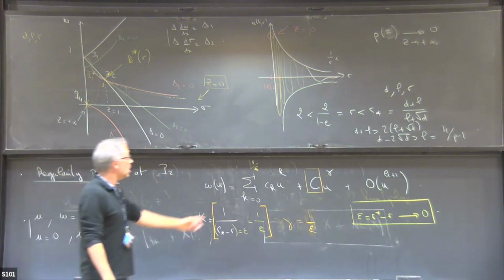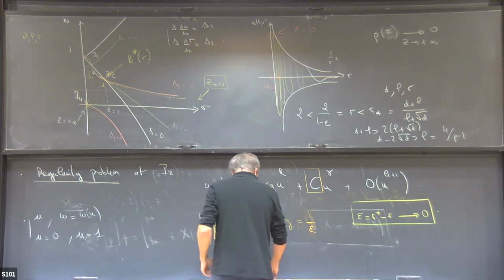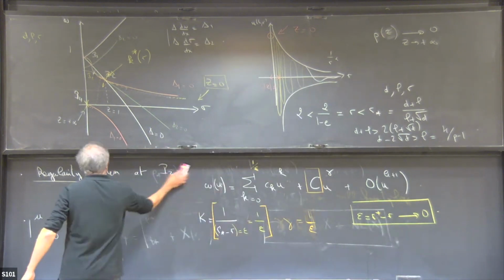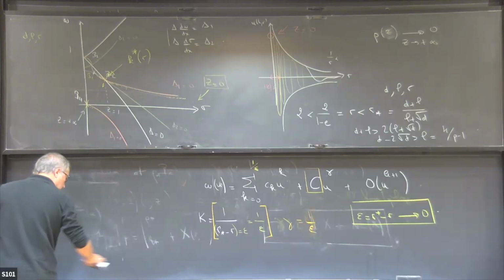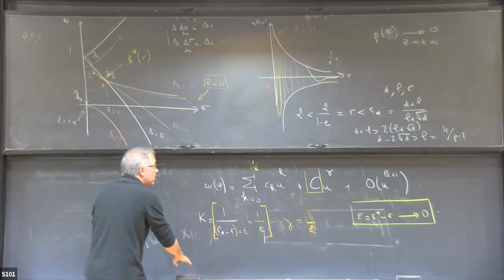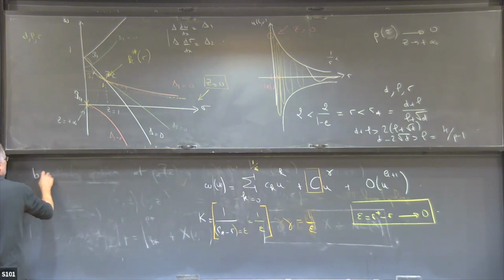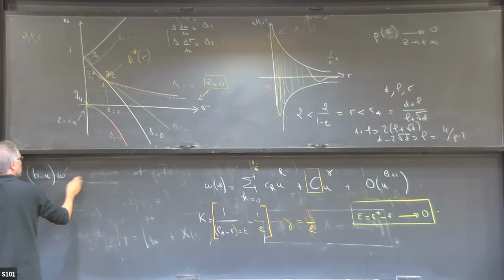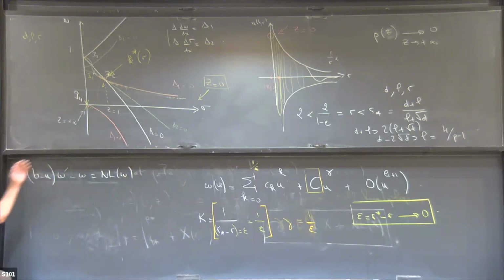So this term, this C_k here, you can compute that. In principle, you can plug them in and compute this expansion. Your equation is something like this: (b minus u) omega prime minus omega equals non-linear in omega.